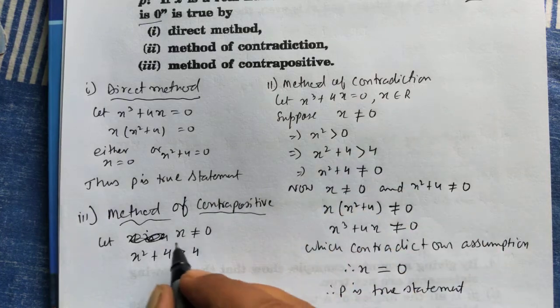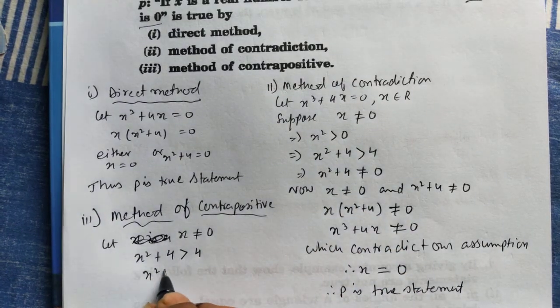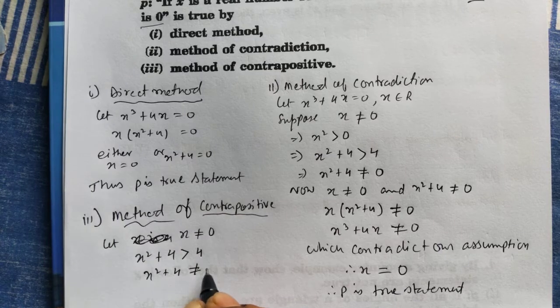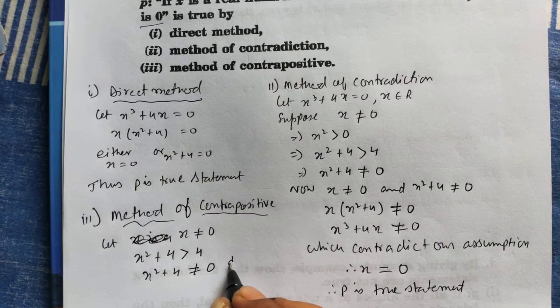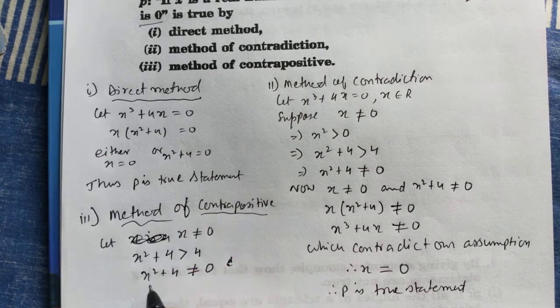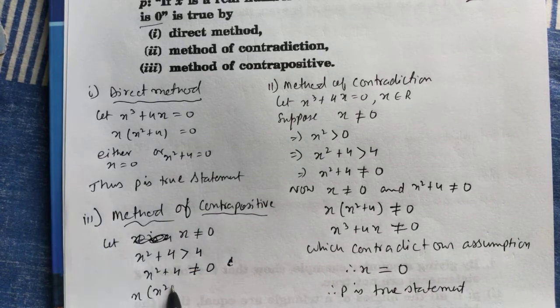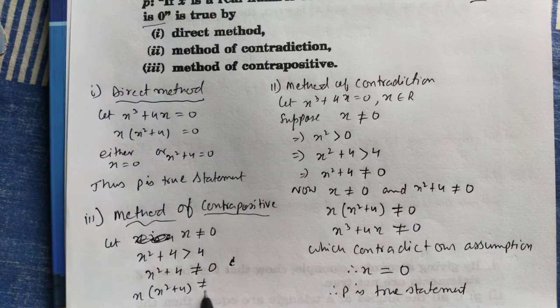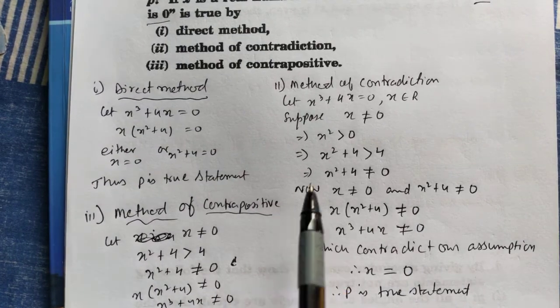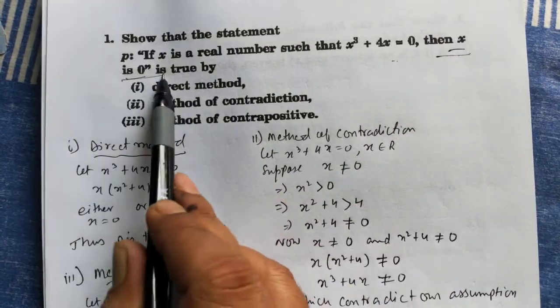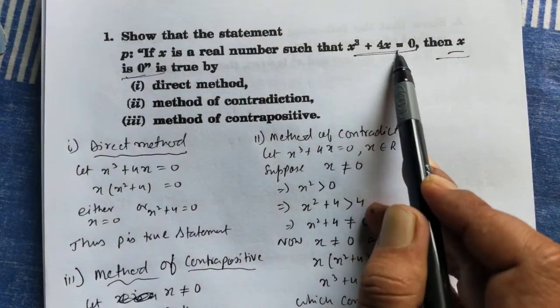That means x square plus 4 is not equal to 0, and the product of this and this also will be not equal to 0. So x cubed plus 4x is not equal to 0. So if the second statement is not true, the first statement is also not true.